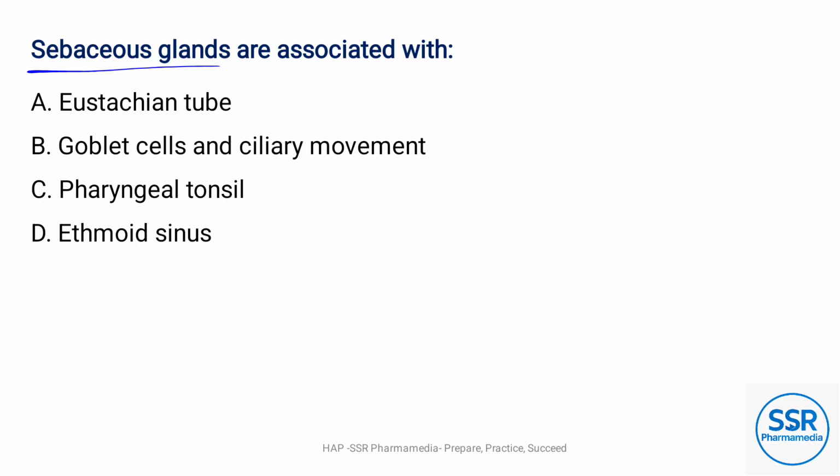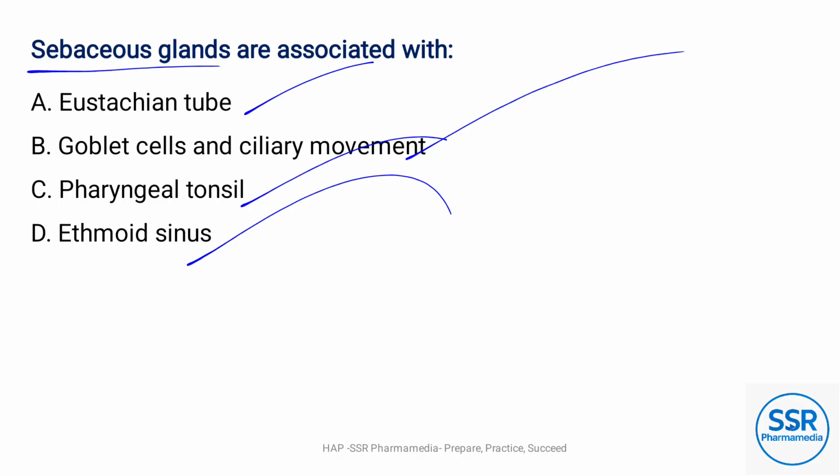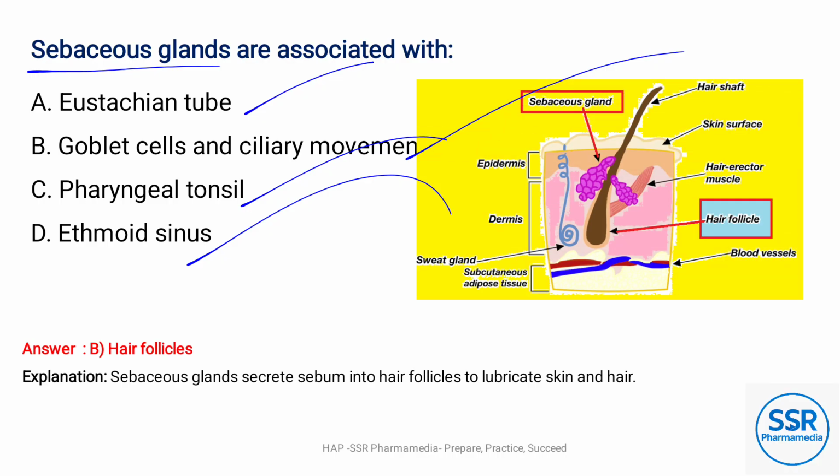Sebaceous glands are associated with option A, eustachian tube, option B, goblet cells and ciliary movement, option C, pharyngeal tonsils, option D, ethmoid sinus. None of the options here is correct, so kindly rectify it. The answer is hair follicles.